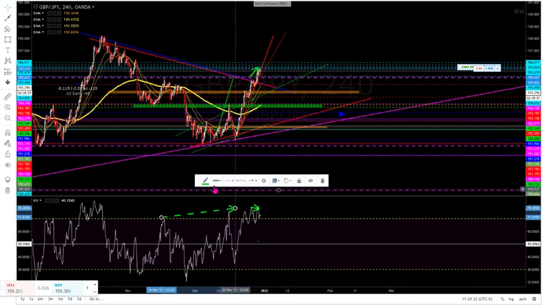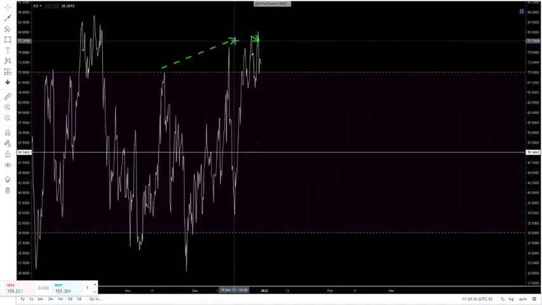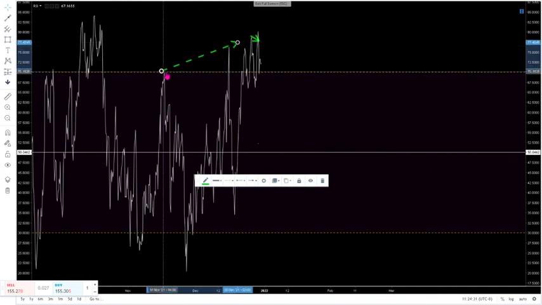I use the choppy lines to show hidden divergence. This is not what I want to see, but this is something to note. I need to put this in my notes real quick on my other phone.